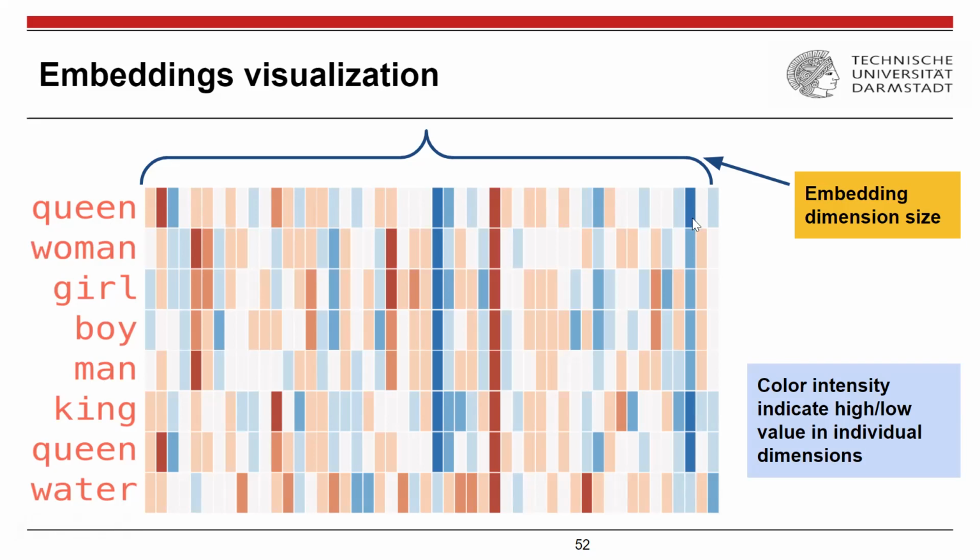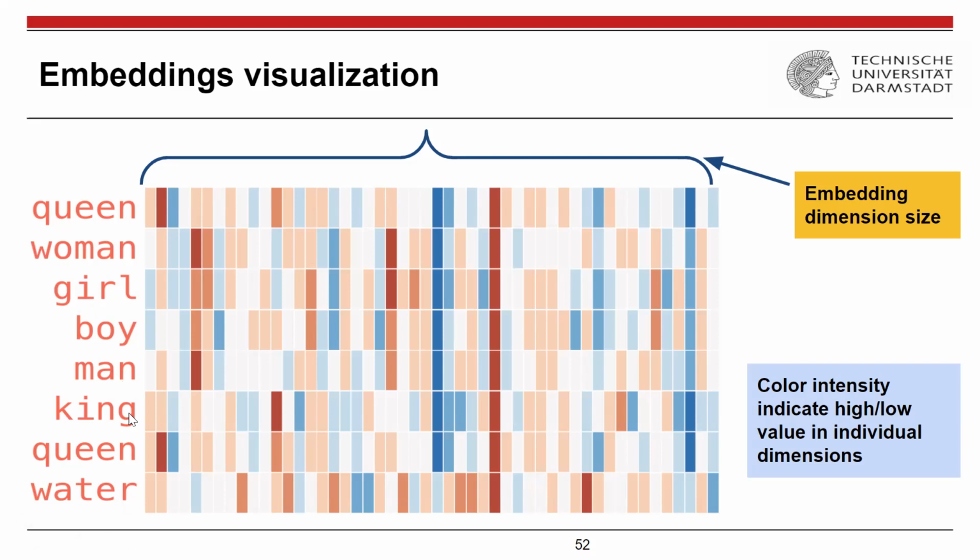Now, a very interesting thing that a lot of people have discovered is that if you take the embedding of the word queen, subtract the representation for woman, and add the representation of man, then you will arrive at the representation of king. This is very intuitive. You take queen, subtract woman, plus man, and you get the representation for king.